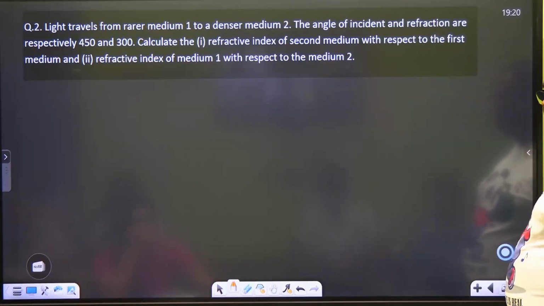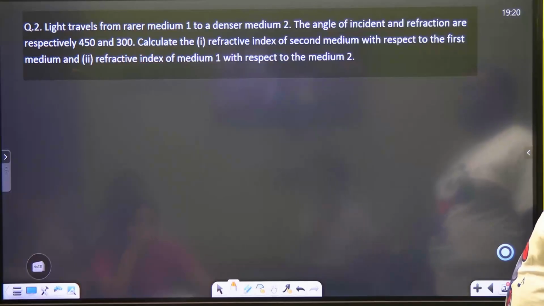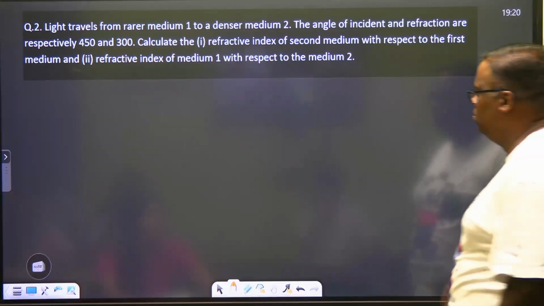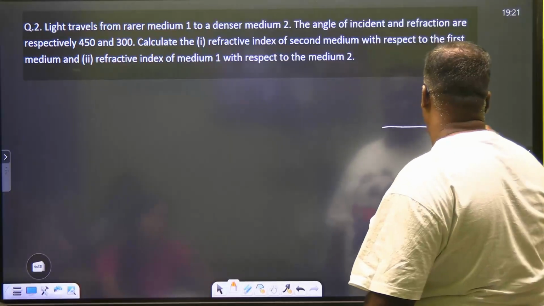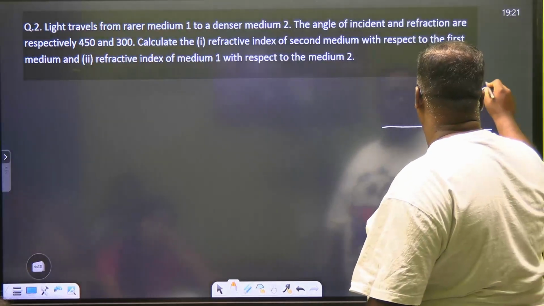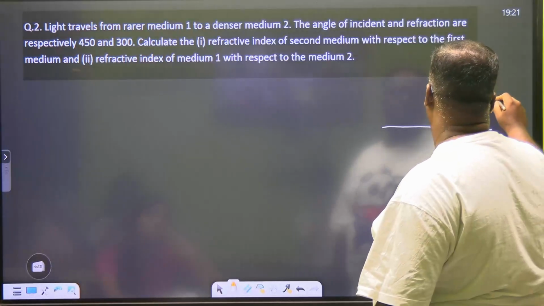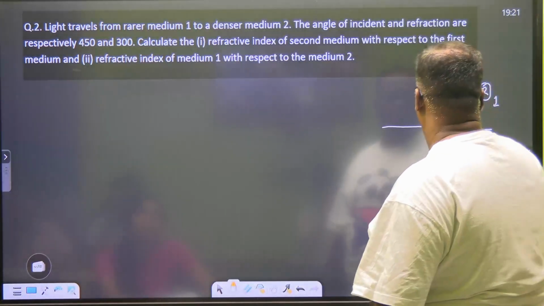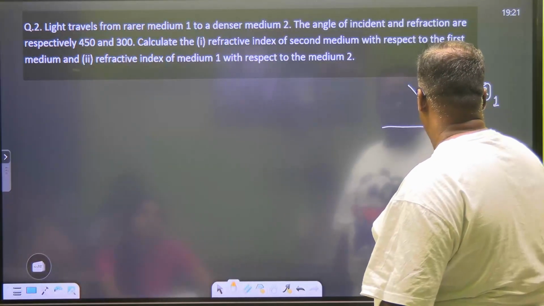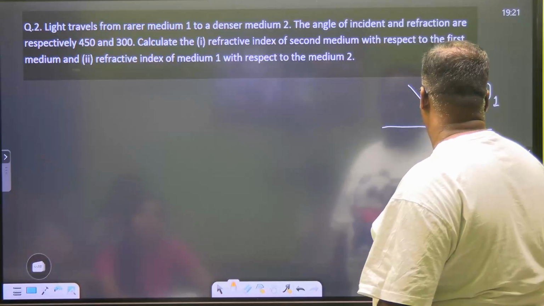Interesting. Let's understand. Light travels from a rarer medium 1 to a denser medium 2. So let me make my sketch. Light is traveling from a rarer medium to a denser medium, and the rarer medium is 1, the denser medium is 2. Obviously, my diagram would be something like this, and it will bend this way.